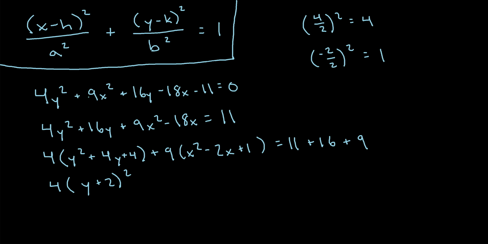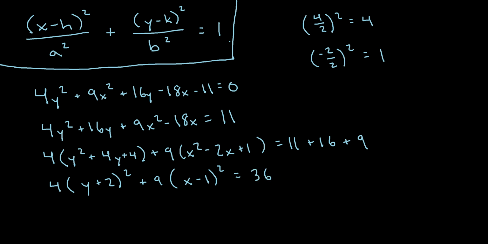So notice that it's starting to look more like the standard form that we're trying to get to. All right, now for the x's, we have plus 9, and this expression becomes x. Half of this value would be negative 1. So we have x minus 1, and this whole thing is squared. Now on the right-hand side, we have 11 plus 16, that's 27, plus 9 is 36.